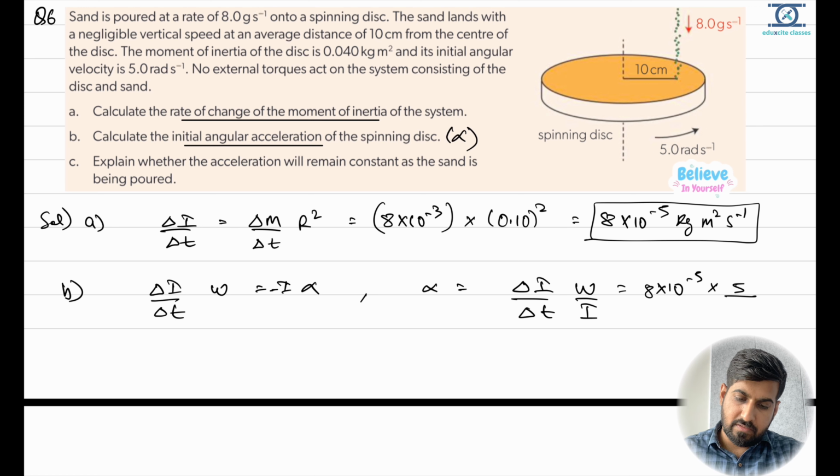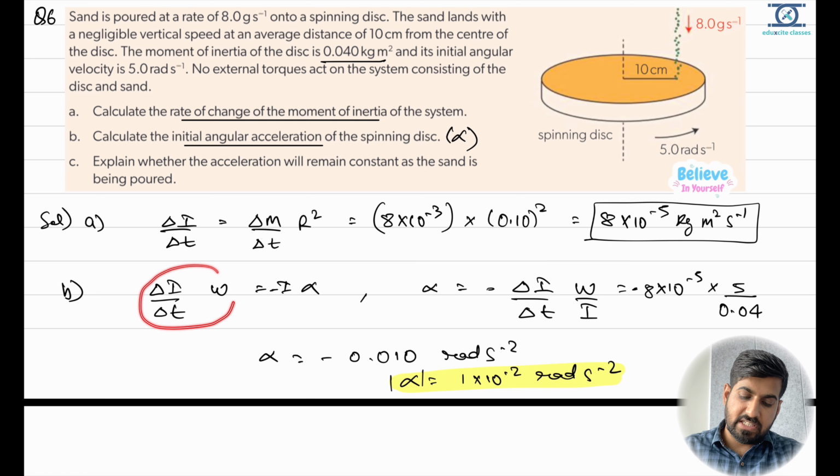This is nothing but the rate of change of angular momentum, which is equal to torque, which is I into alpha. Here omega is not changing, so delta I is the change in moment of inertia, and the angular velocity is the initial angular velocity, and no external torque acts on the system.